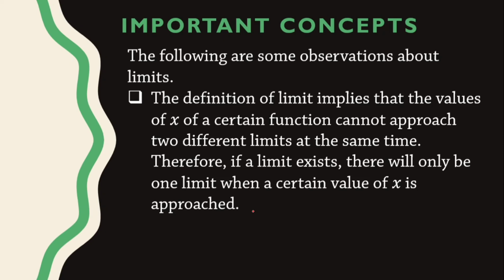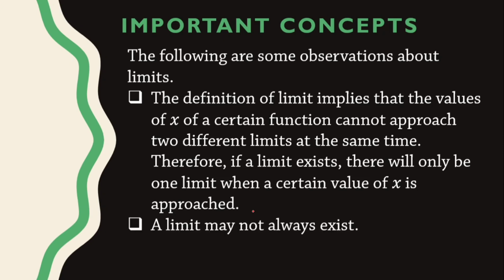If you remember and if you've seen from our examples, the limit from the left and from the right both approach the same value. So if a limit exists, there will only be one limit when a certain value of x is being approached.